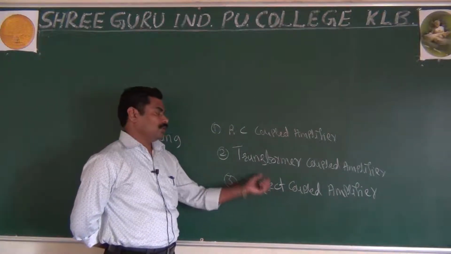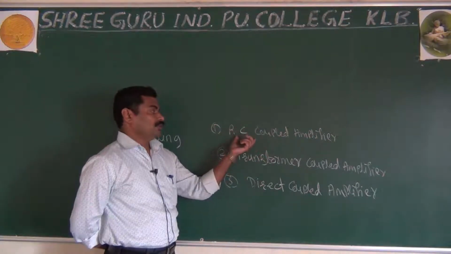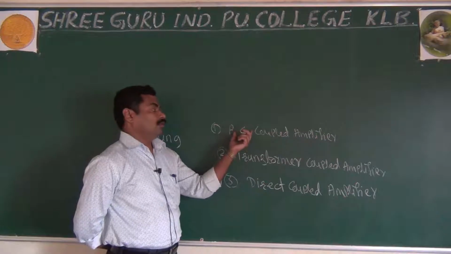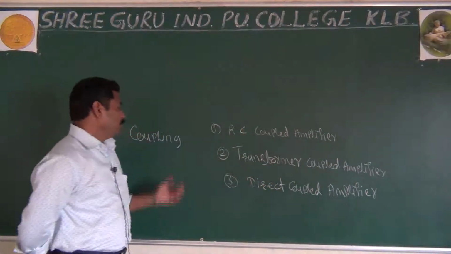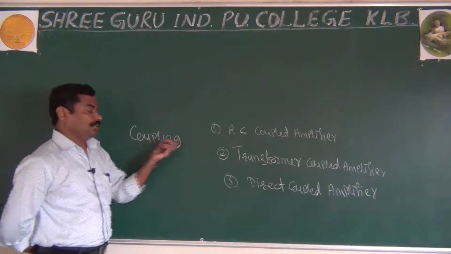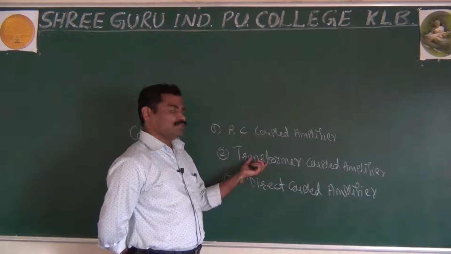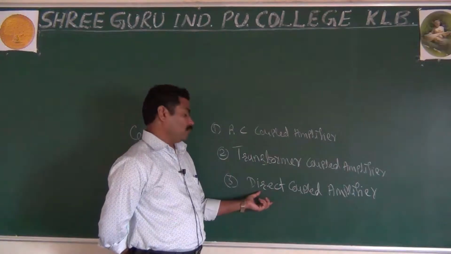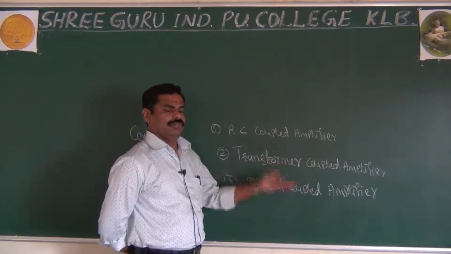That is called direct coupled. By using the coupling you have three types of amplifiers: one is called RC coupled amplifier, another is called transformer coupled amplifier, and finally the last one is the direct coupled amplifier. Everything you will study in detail in the further classes.